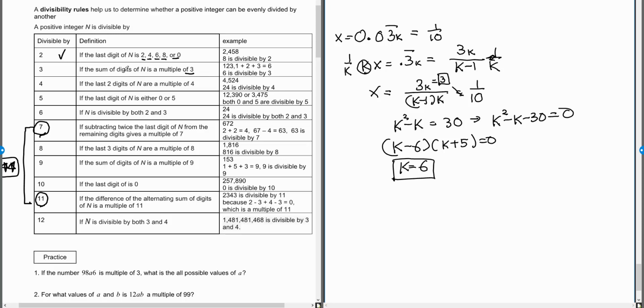But divisible by 3 is not already divisible by 9, right? Divisible by 3 is about 3, 6, 9, 12, and so on, but this is not divisible by 9. Only this is divisible by 9, okay? It's the same rule, but different numbers.